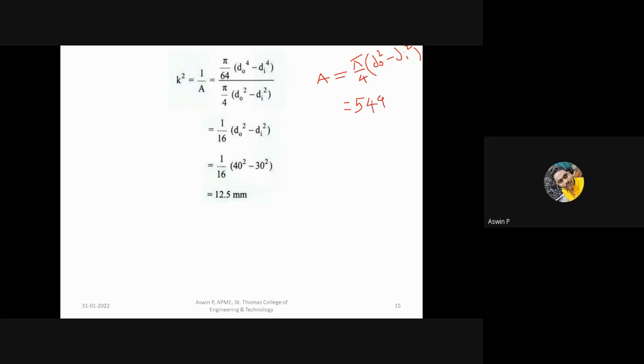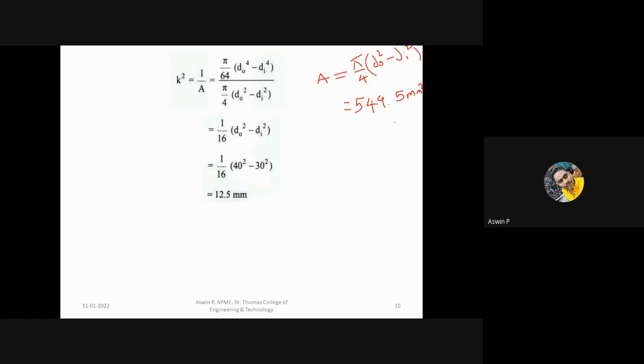If you take pi directly, you will get 550 something, and if you take pi as 3.14, you will get this answer. Both are correct. Better you use the full value of pi. That's the better thing, and you will get the area like this.